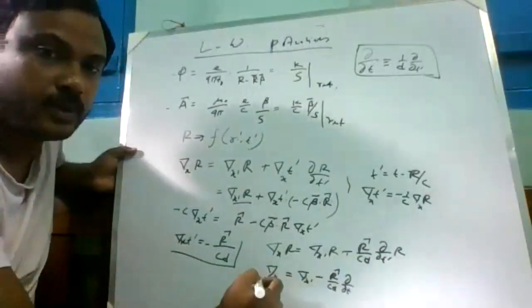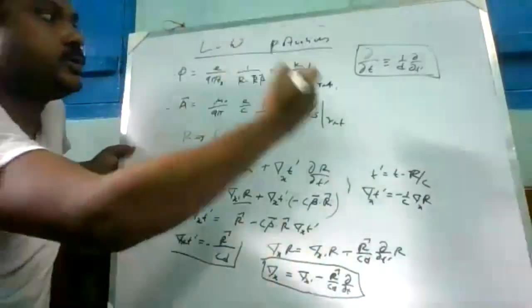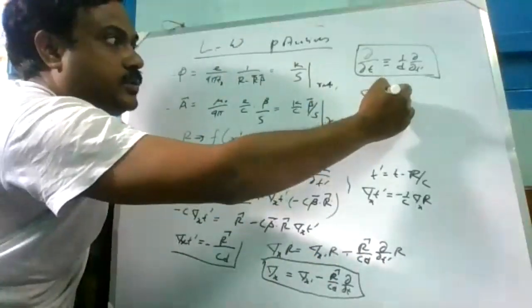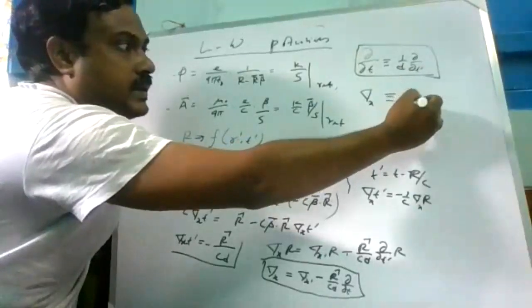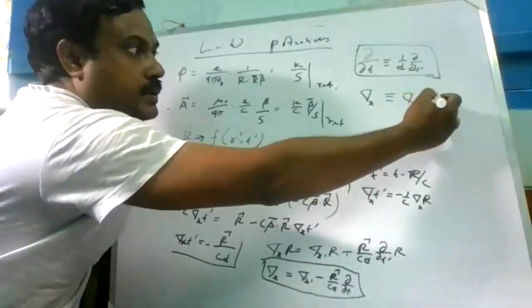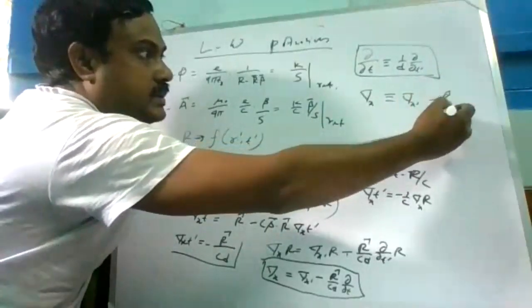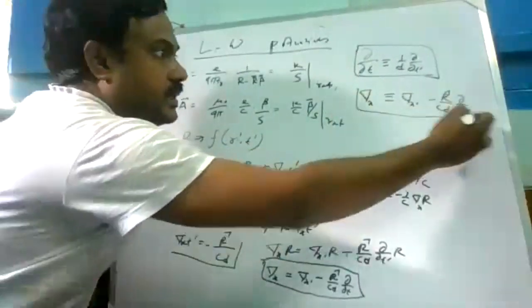This will be the operator form. So again we get a relation: del X will be equivalent to del X dash minus R cap by CD del T. So this is another operator.